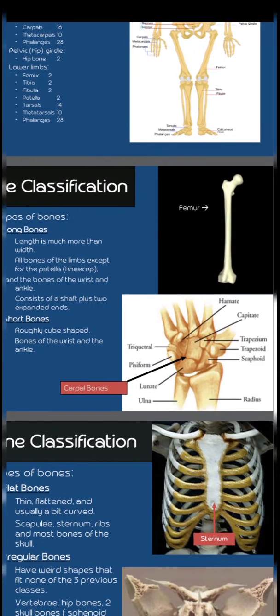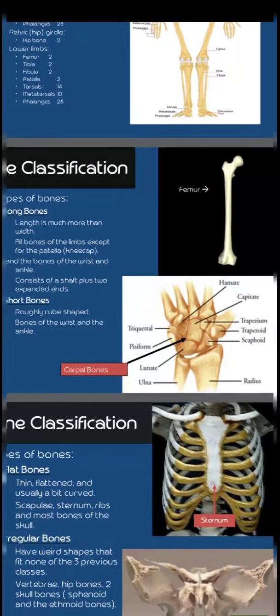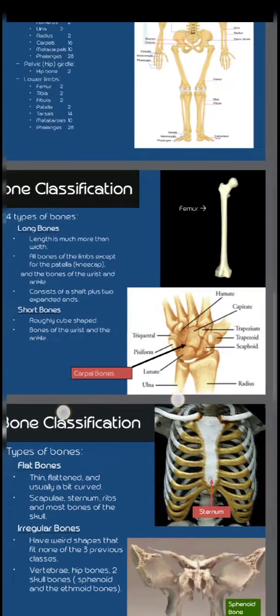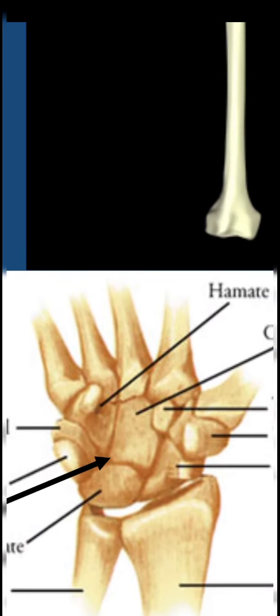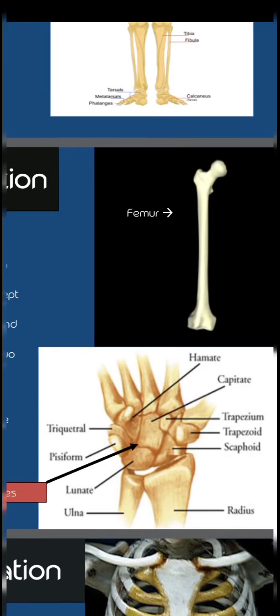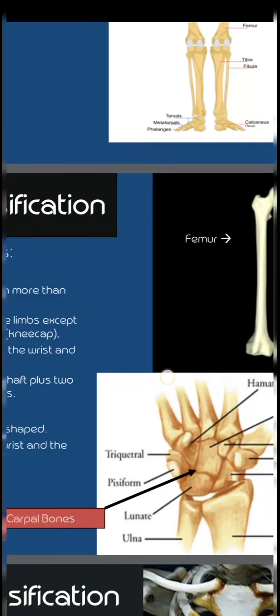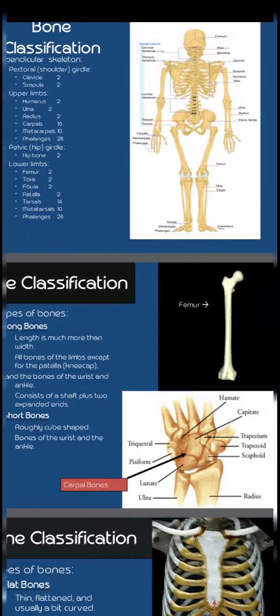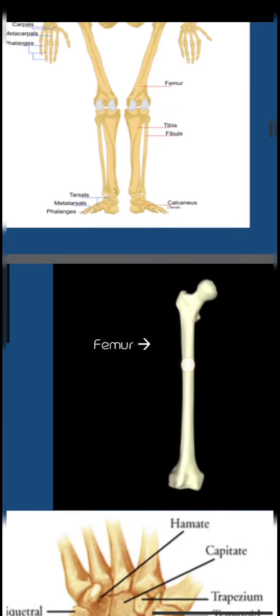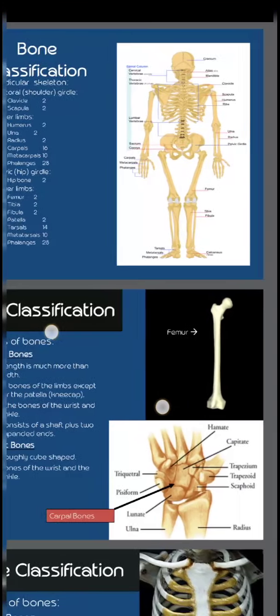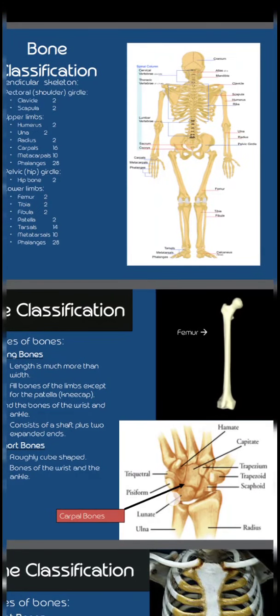The bones of wrist as well as of ankle are known as short bones. So the tarsals as well as carpals are the short bones. These 8 are bones of wrist. Long bones are those bones which consist of a single shaft that is located in the middle, then two broader ends on both sides.